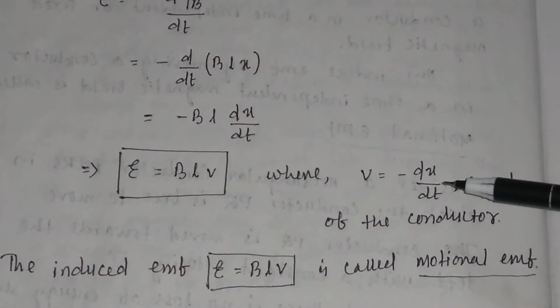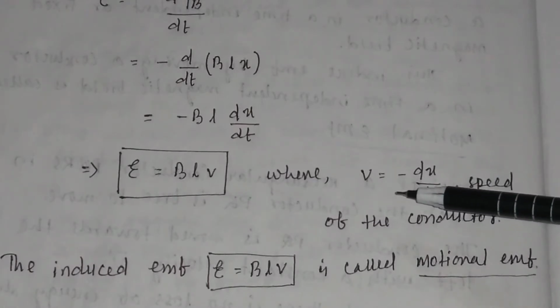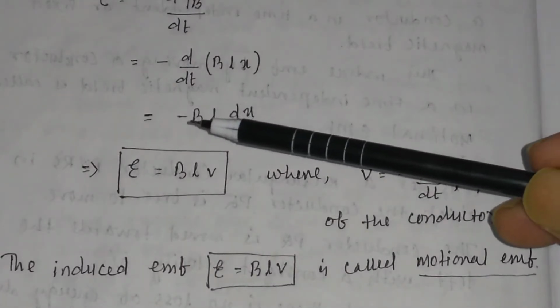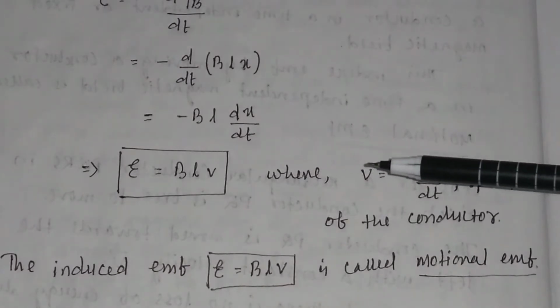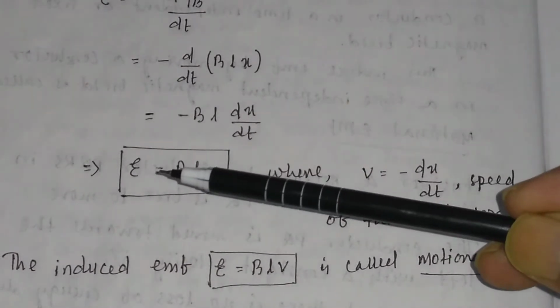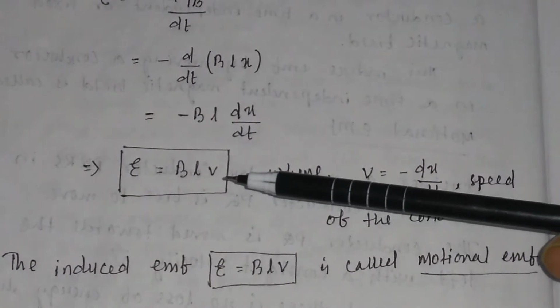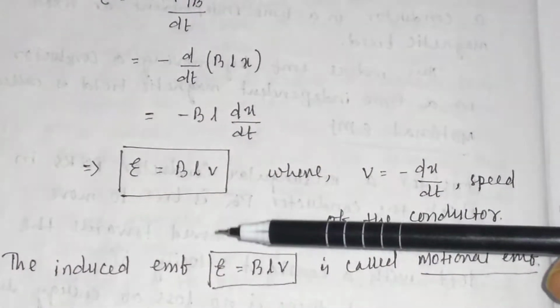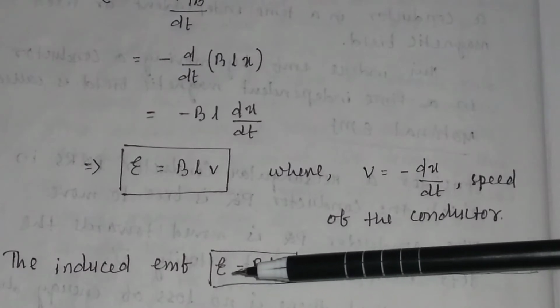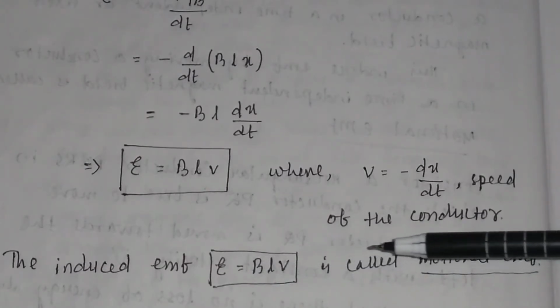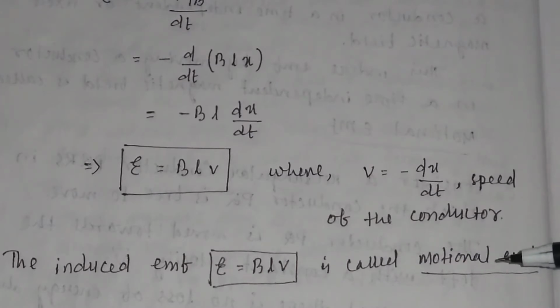Here we have taken minus dx by dt equal to v, that is the speed of the conductor PQ. So if you substitute, you will get the EMF equal to B into L into v. So the induced EMF through the loop is equal to BLv, and this is called the motional EMF.